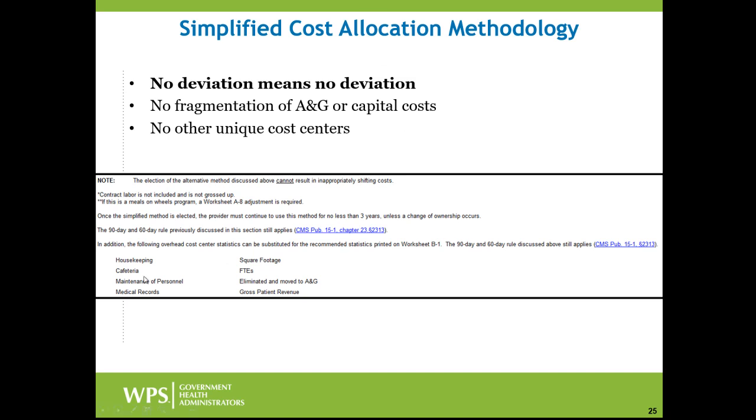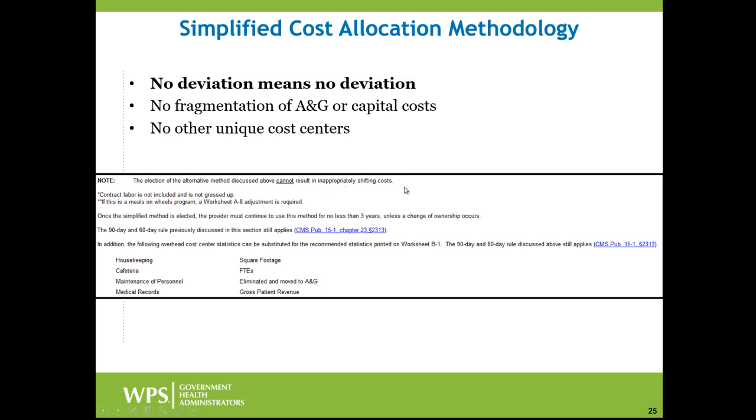Now, there are a few exceptions that CMS gives, even if the simplified election is made. So you can read worksheet B-1. There are just basically a couple alternative statistics that can be used instead. Again, they have it underlined here. The election of this method cannot result in inappropriately shifting costs.